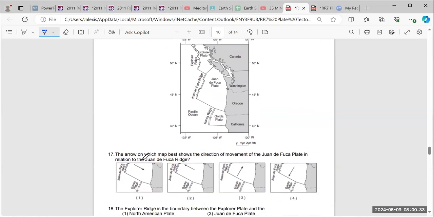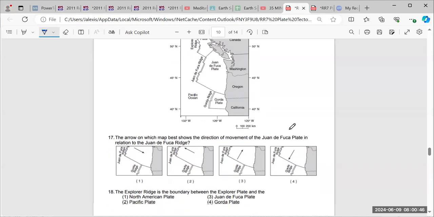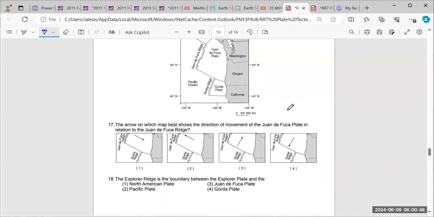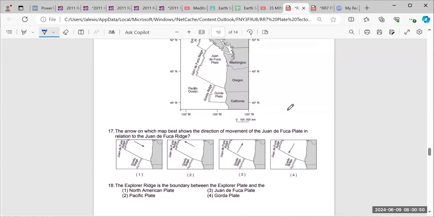The arrow on which map best shows the direction of movement of the Juan de Fuca plate in relation to the Juan de Fuca ridge? So which of these arrows shows the correct movement of the Juan de Fuca plate? I'm going to look on page 5.